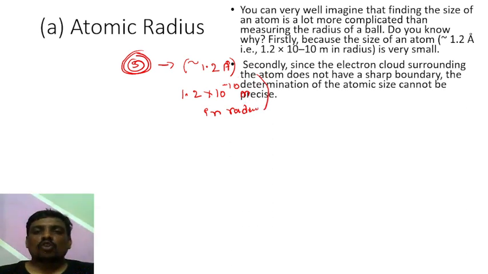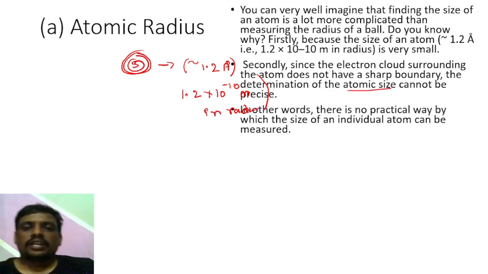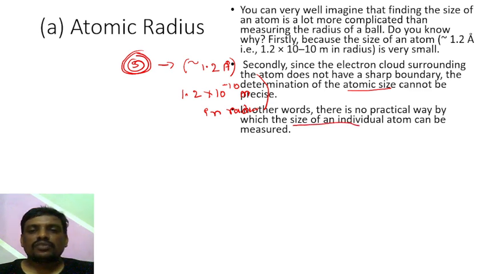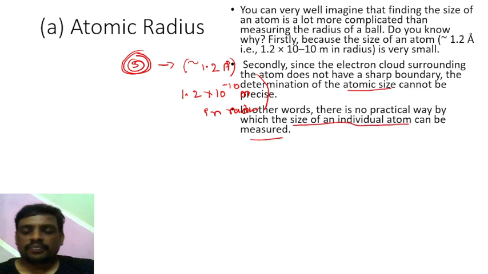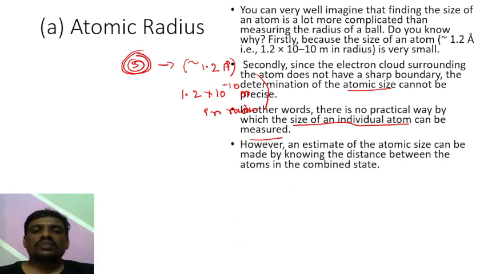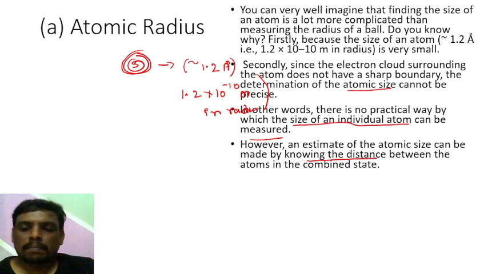Secondly, since the electron cloud surrounding the atom does not have a sharp boundary, the determination of the atomic size cannot be precise. In other words, there is no practical way by which the size of an individual atom can be measured. However, an estimate of the atomic size can be made knowing the distance between atoms in the combined state.